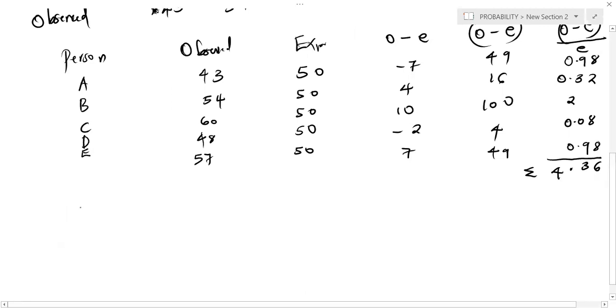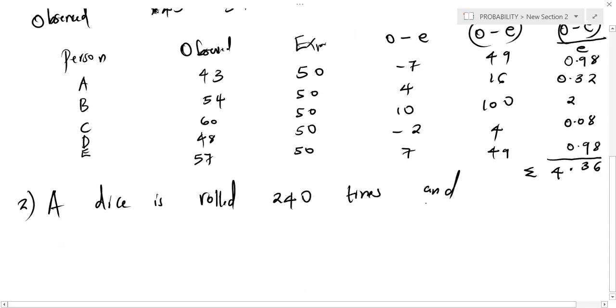So example number 2. A dice is rolled 240 times, and the observed and expected frequencies are shown.